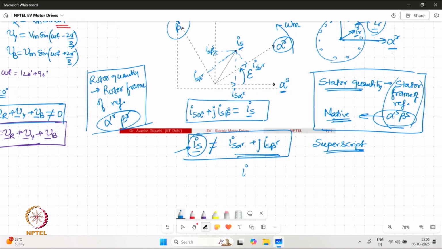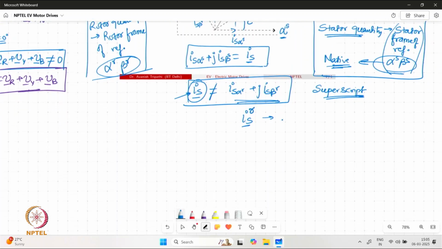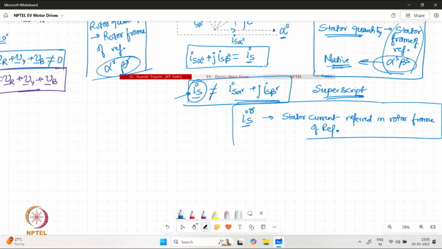So if I am representing my stator quantity in the rotor frame of reference, I would mention a superscript R. This would essentially mean the stator current referred in the rotor frame of reference, whereas the IS vector simply means the stator current referred in the native frame of reference, which is the stator frame of reference.